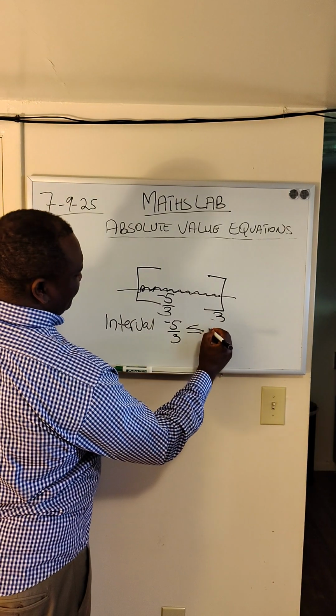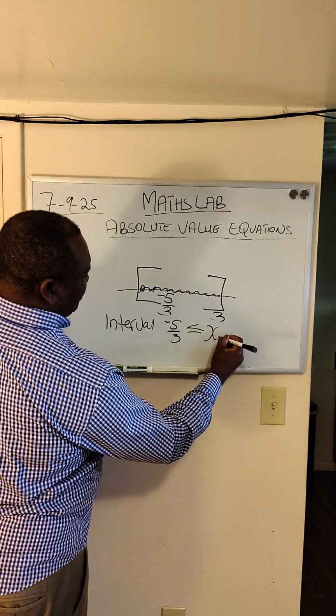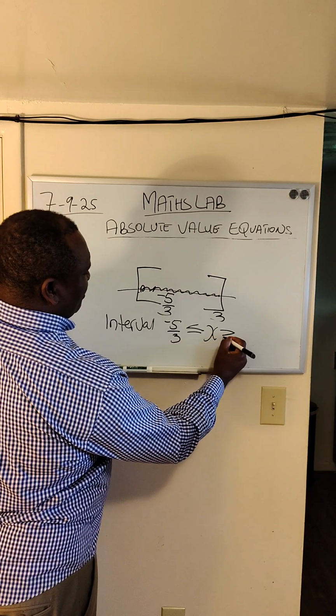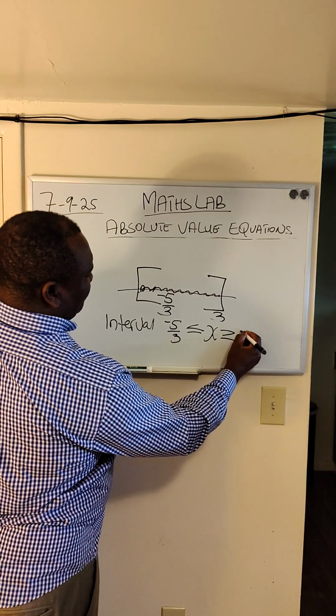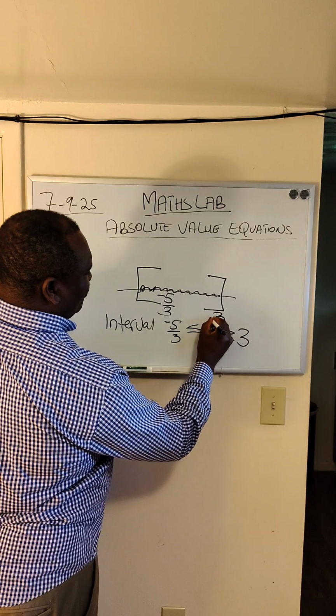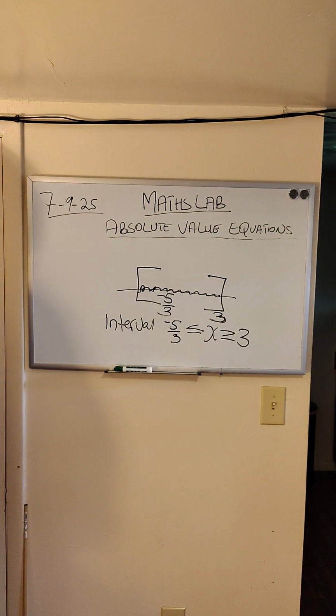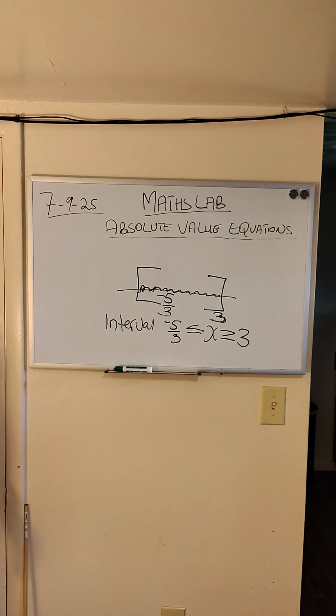Negative 5 over 3 is less than x is equal to 3. Remember, 3 is greater than negative 5 over 3.